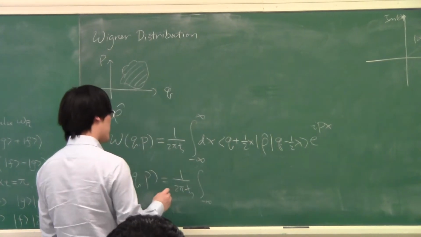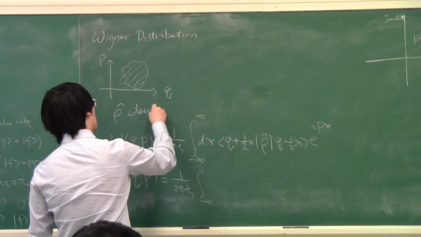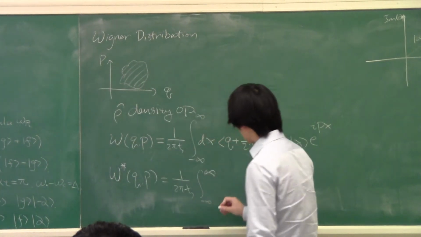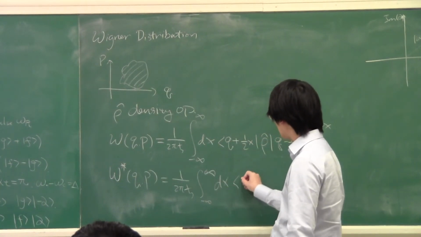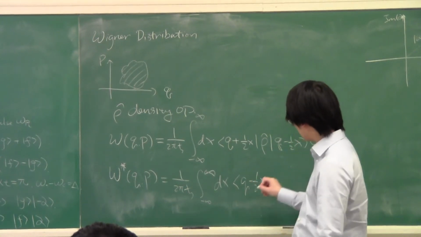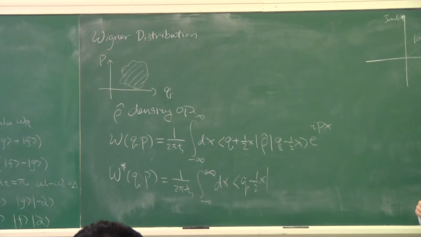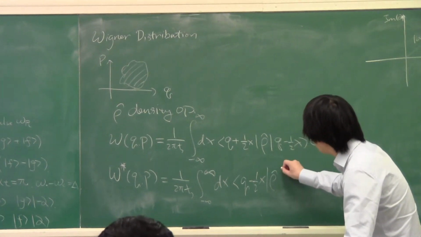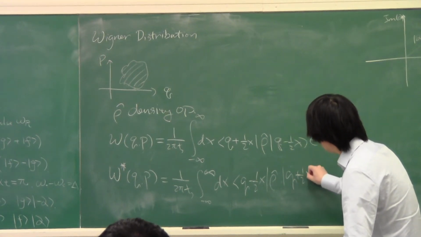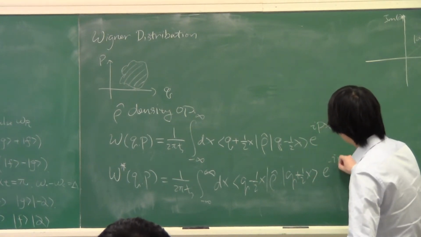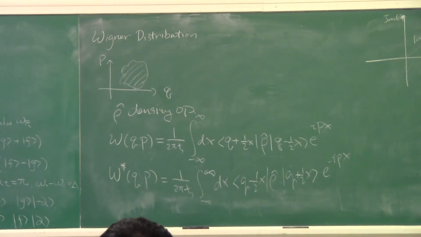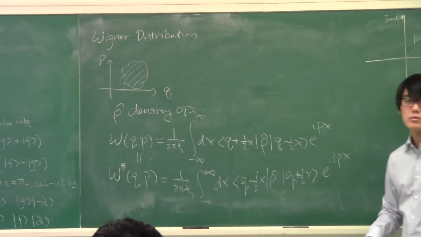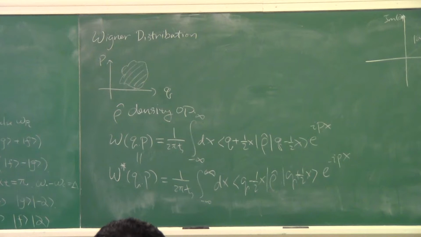Rho hat is a density operator, and we know that rho hat is Hermitian. Since it is Hermitian, this factor just goes into this, and then we have e to the minus ipx. Now if I switch x to minus x, we find that these two are equal. So when something's conjugate is equal to itself, this thing must be real.